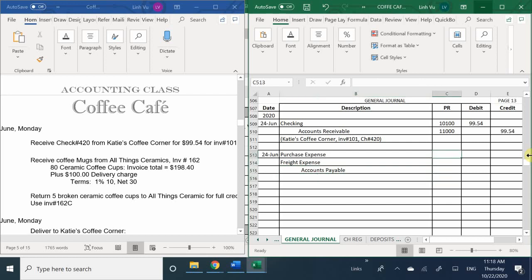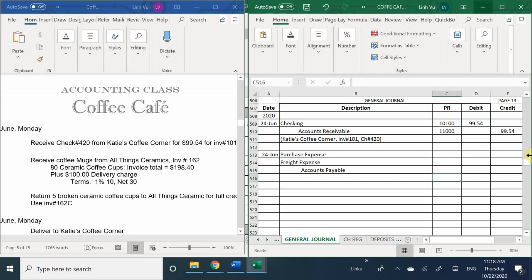What are my account numbers? Accounts payable is 20,000.